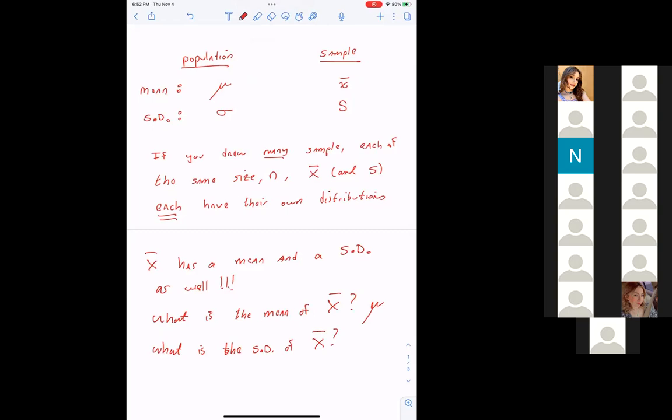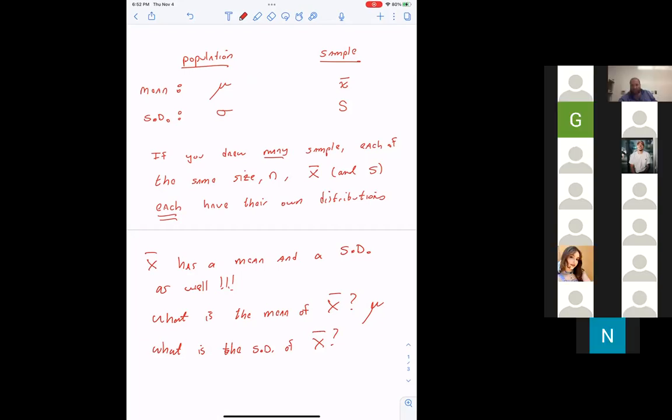Which means, what should happen to the spread of my data as the sample size increases? If I hone in on the true value, that spread should get smaller as the sample size increases, so that I'm more likely to be near the true value, right?